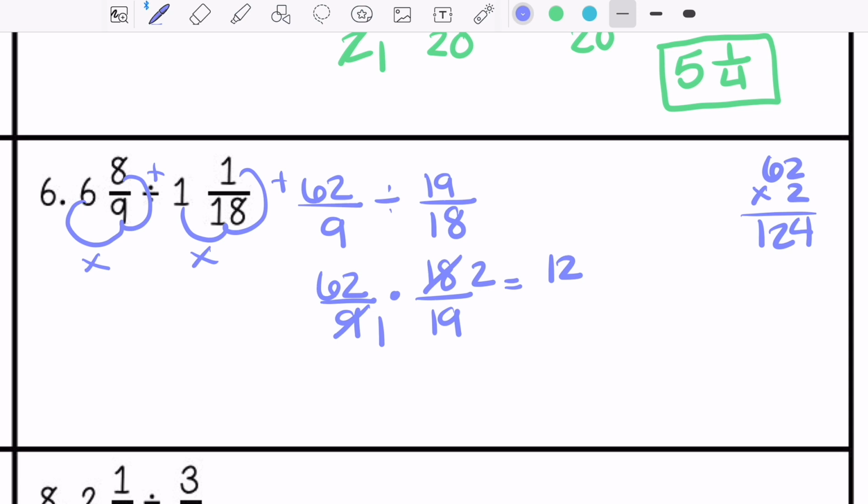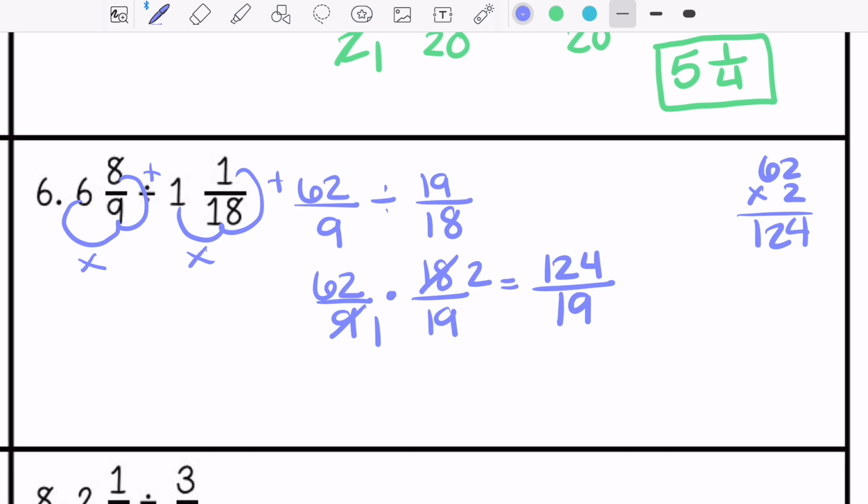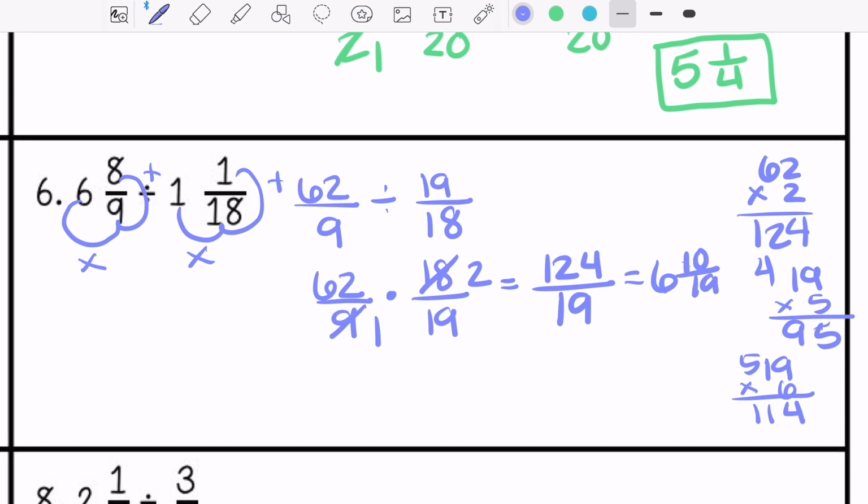So 124 over 19. So 19, let's try 5. Okay, we can do more than that. So 6 with a remainder of 10 over 19. We cannot simplify that anymore.